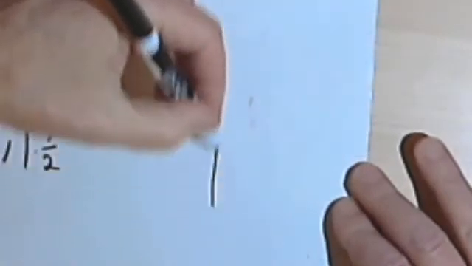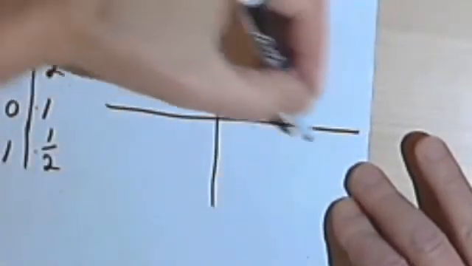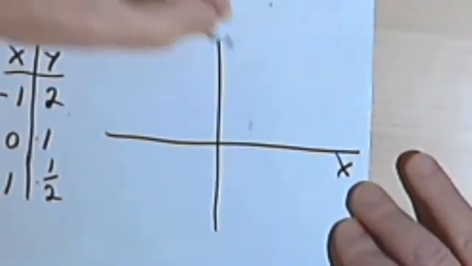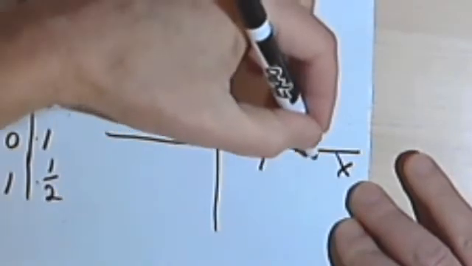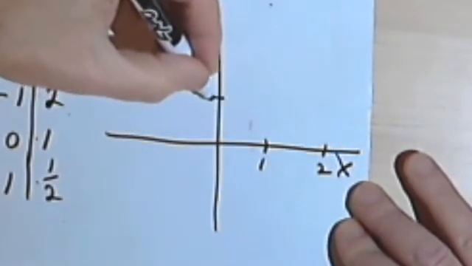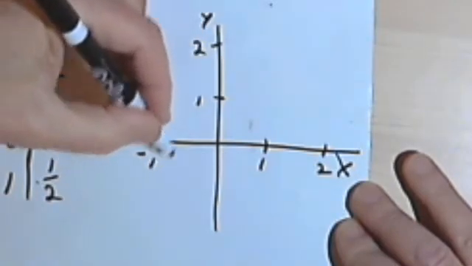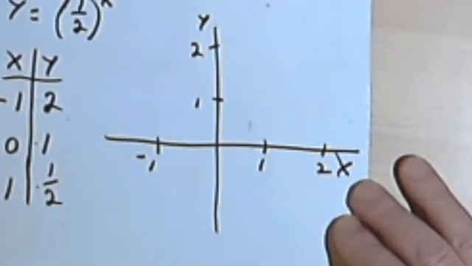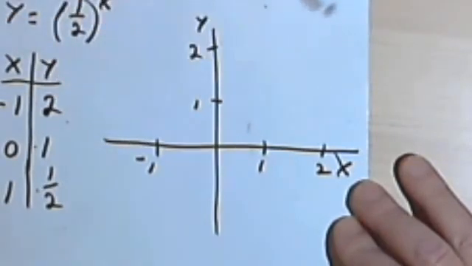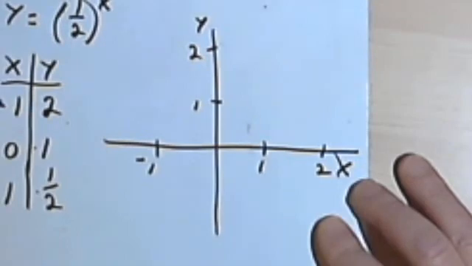Okay, so here I've got a graph. It's my x-axis, my y-axis. I've drawn some tick marks for the scale. And previously my graphs have all been increasing as you go from left to right. Watch what happens with this. When x is -1, y is 2.